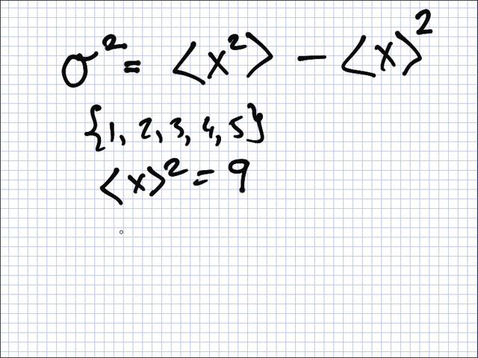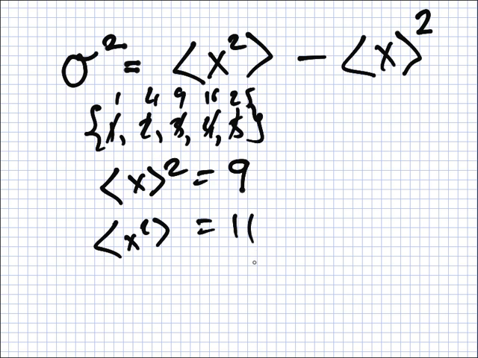Right? Now this one here says first you square and then get the average. So that becomes 1, 4, 9, 16, 25. And let's get the average here. 25, 30, 55 is it? 11.